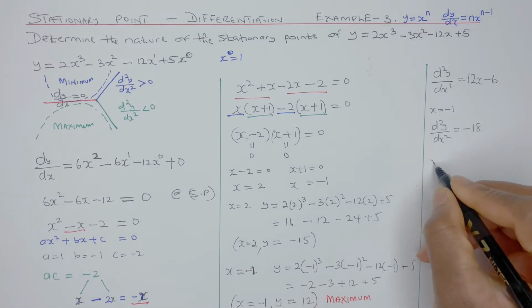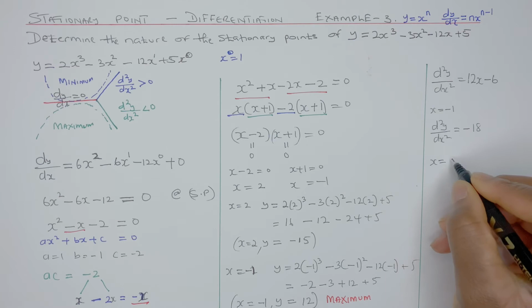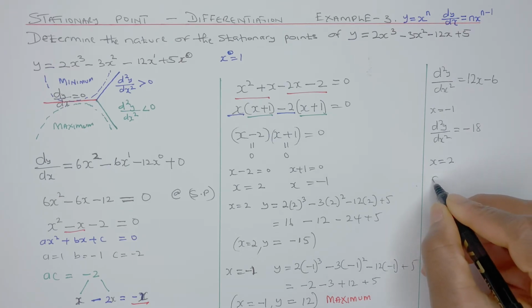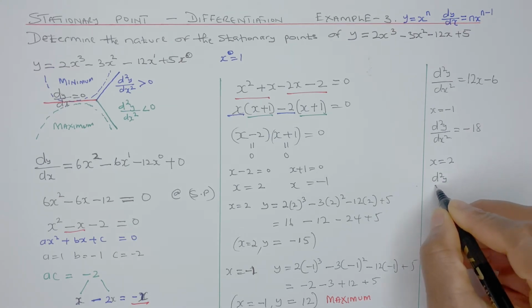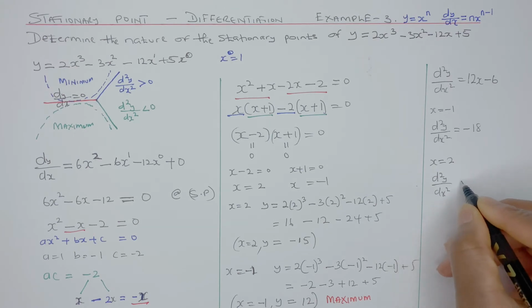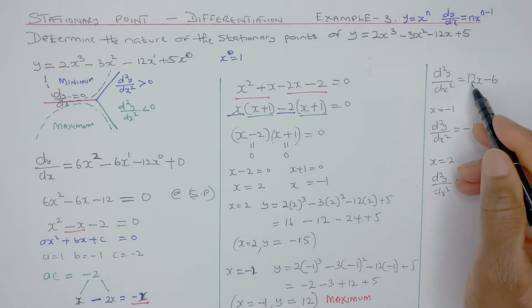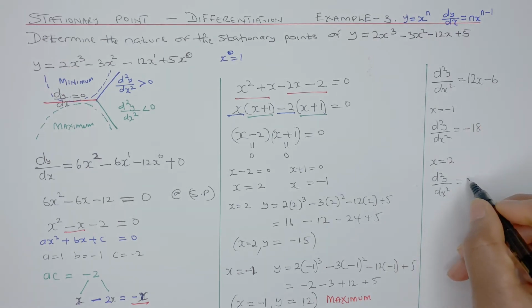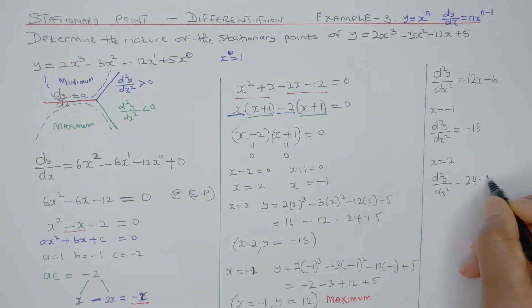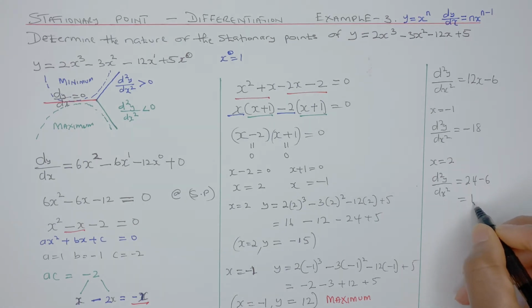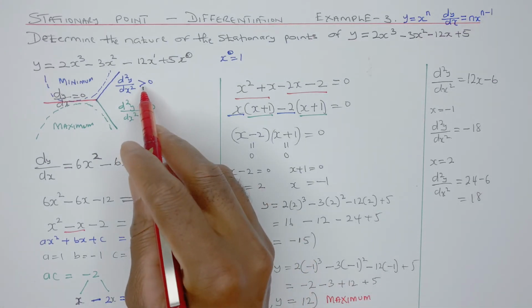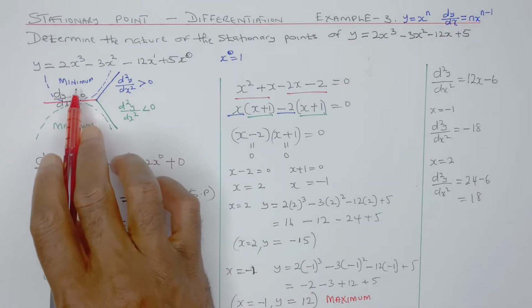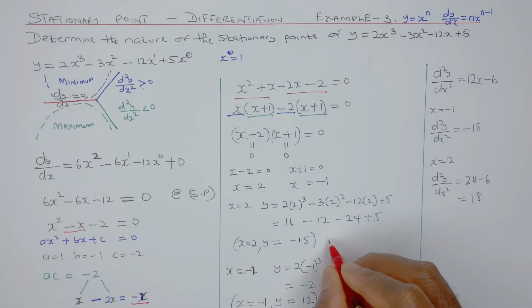Let's try when x equals 2. d²y/dx² will be 12 times 2, that's 24, minus 6, and that's 18. So that's positive, greater than 0. That's a minimum.